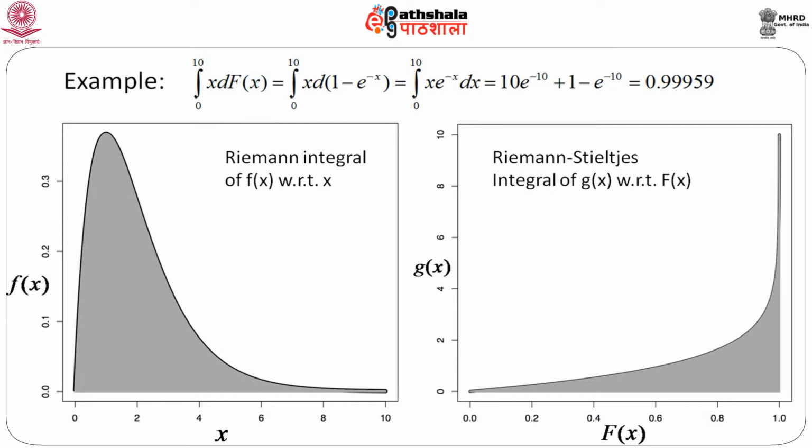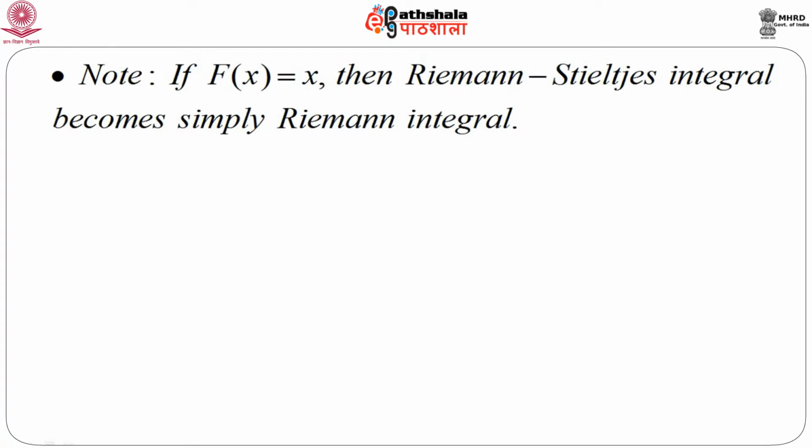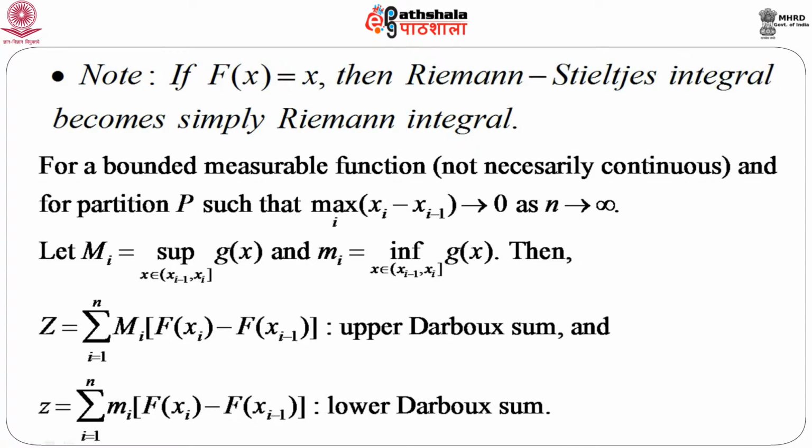That is why this curved nature comes, and the area under this integral is nothing but this integral, and it is seen that these two areas are the same. So, this gives us a pictorial idea about the Riemann integral as well as the Riemann-Stieltjes integral, which is g(x) with respect to capital F(x). Now, note that if capital F(x) equals small x, then the Riemann-Stieltjes integral becomes just simply the Riemann integral, which is quite obvious.